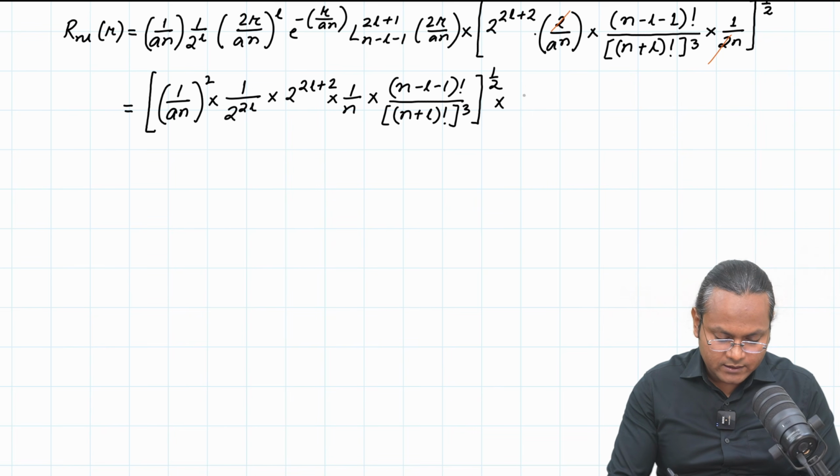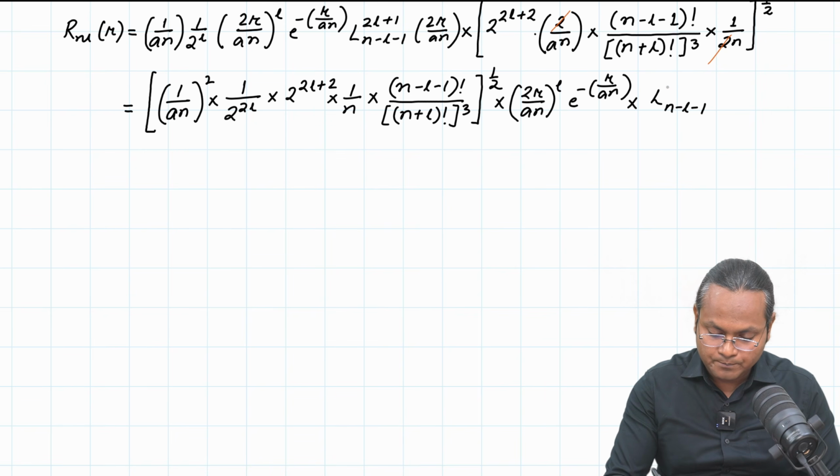And then I write down the functions, which is (2r upon a_n) to the power l, e to the power minus r upon a_n, times the Laguerre polynomials of 2r upon a_n.